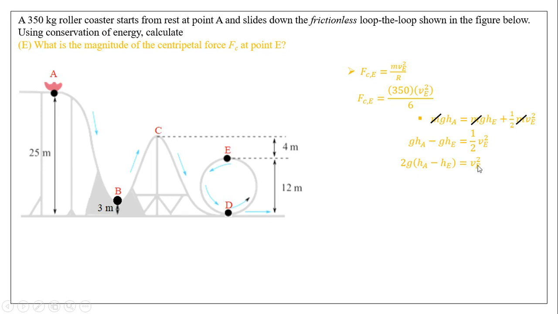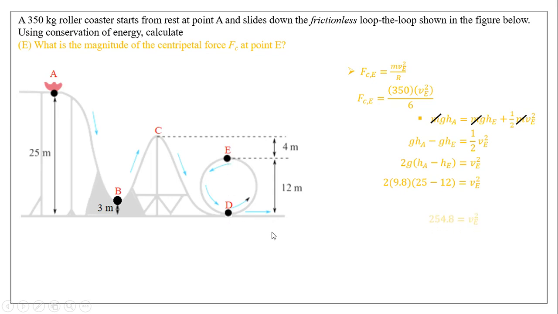Other than that, I kept the right side as VE squared because I need VE squared. So here's where you don't want to square root and then have to square it again. It's entirely up to you. I'm going to keep my VE squared because the function for F of C needs v squared. All right, you can just plug and chug. 2 gets carried down. g here is 9.8. h_A is 25. h_E at this location is 12 meters, because the diameter of this loop-the-loop is given as 12.